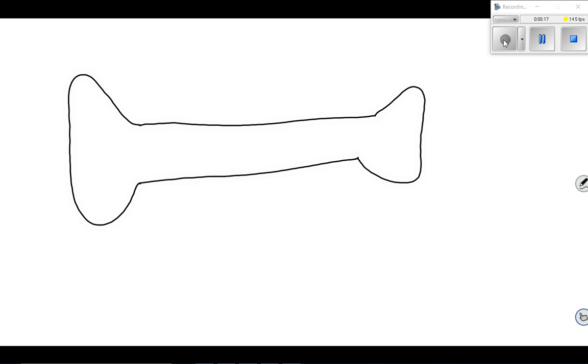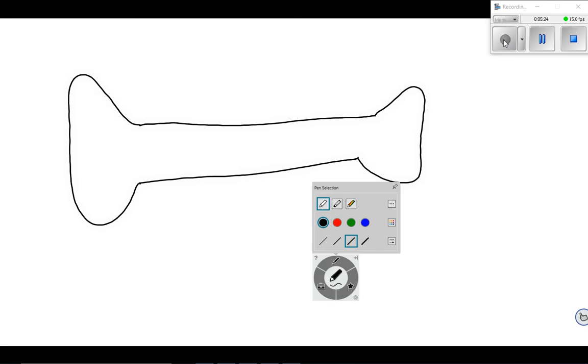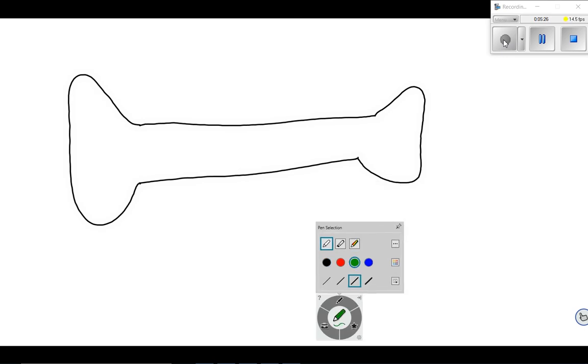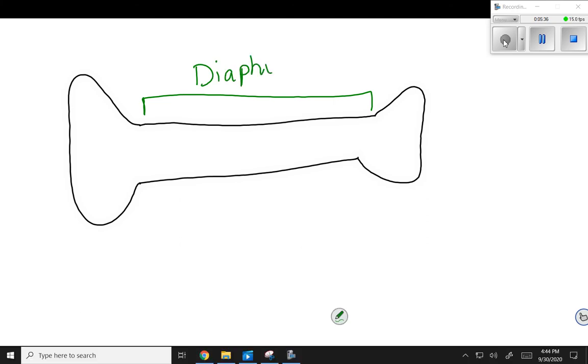And we have different terms for different parts of the bone. The long section in the middle is called the diaphysis. Yes, I will spell that for you. So this whole part right here is the diaphysis. It's also referred to as the shaft of the bone. It's just the long, skinny part.